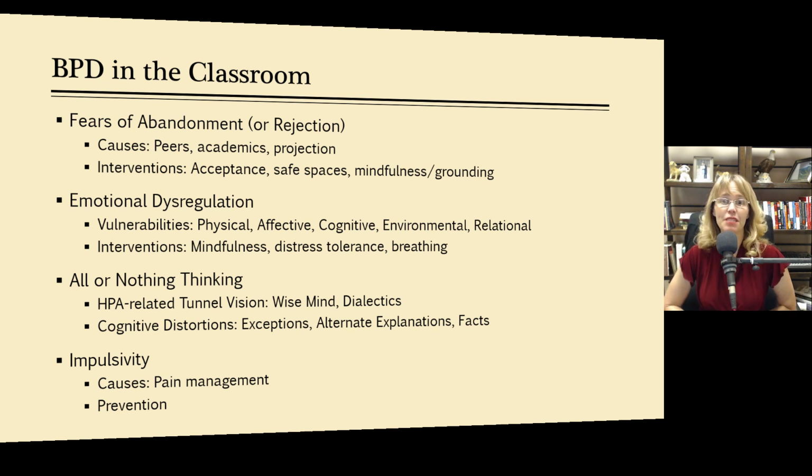Interventions: acceptance, working with the child to develop mindfulness and acceptance. And that is really hard. That's not just, just accept it is what it is. That is way easier said than done. But we also need to accept children for who they are and how they are in the moment.